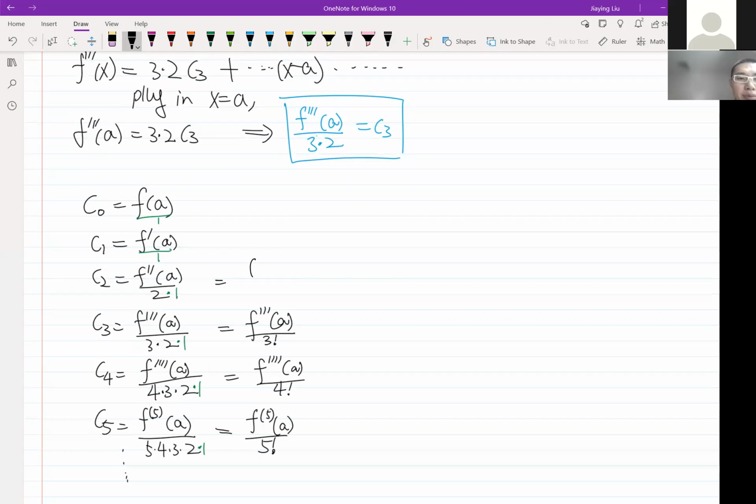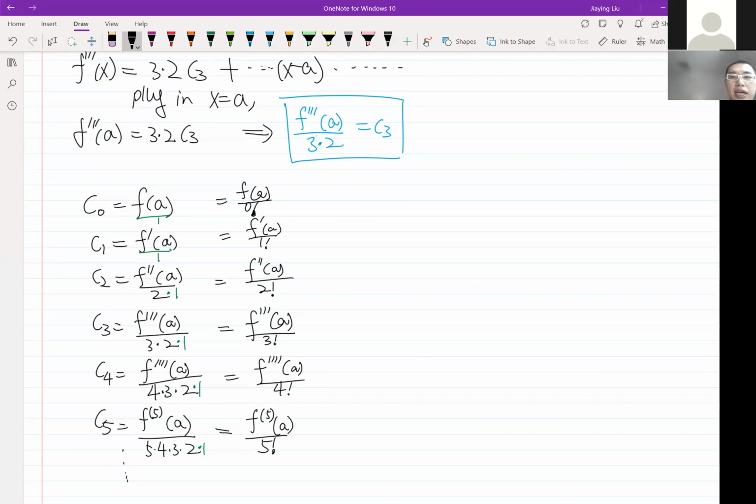C2 will be the second derivative divided by 2 factorial, and C1 will be f prime of a divided by 1 factorial, which is just 1. And C0 will be the 0th derivative, just f itself, divided by 0 factorial, that's still just 1.